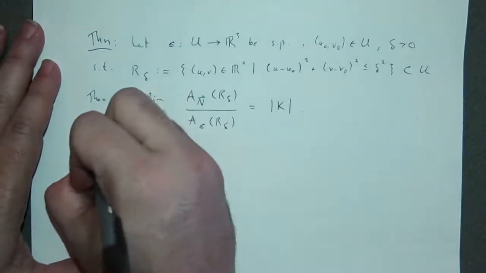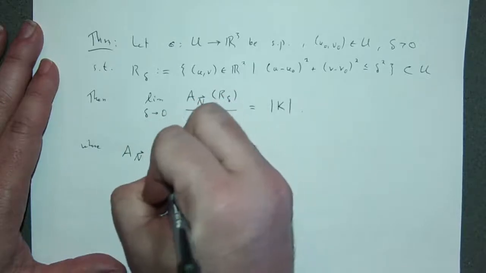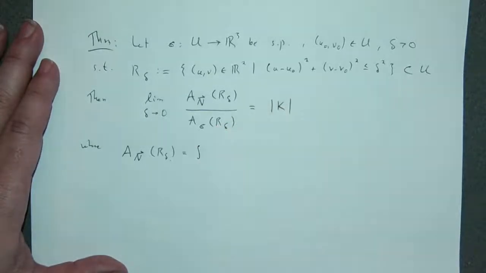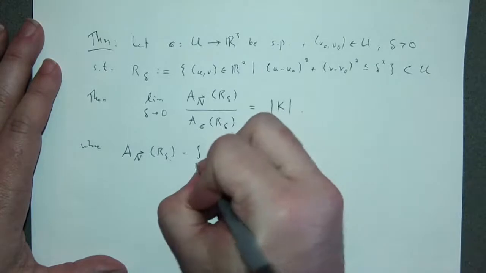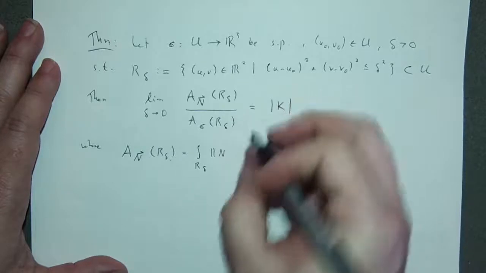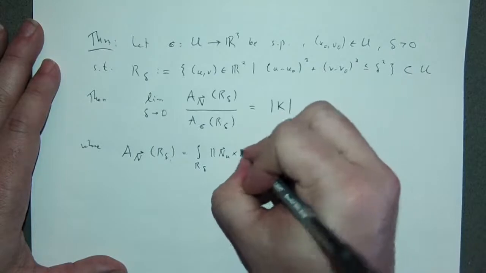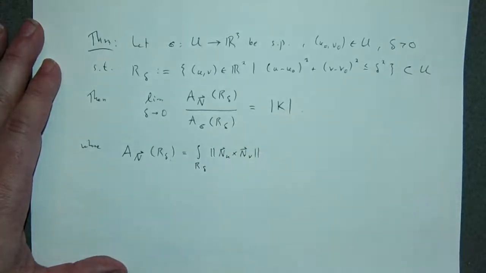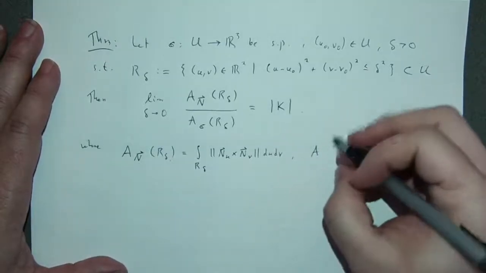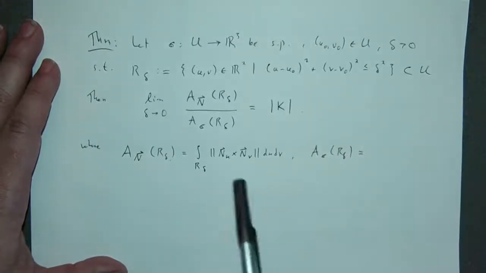where these quantities, A sub n of R sub delta, is the area, so this is the integral over R sub delta of the length of the standard unit normal sub u cross standard unit normal sub v, du dv, and the area A sub sigma of R sub delta is the similar computation using sigma here.